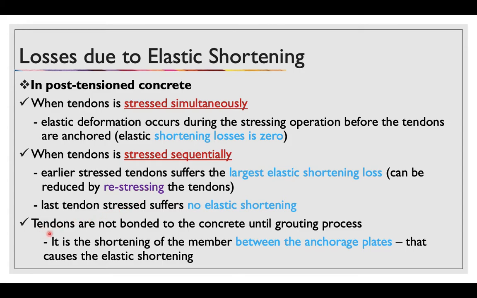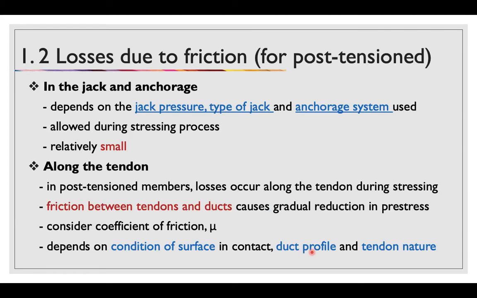Tendons are not bonded to the concrete until the grouting process. It is the shortening of the member between the anchorage plates that causes the elastic shortening. So this is the shortening that is between the anchorages. That is for the first one.